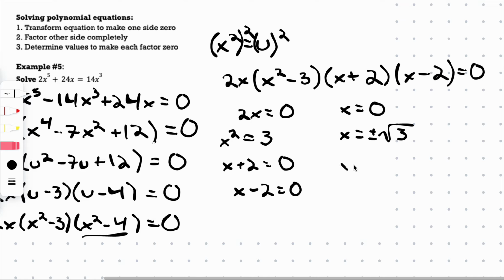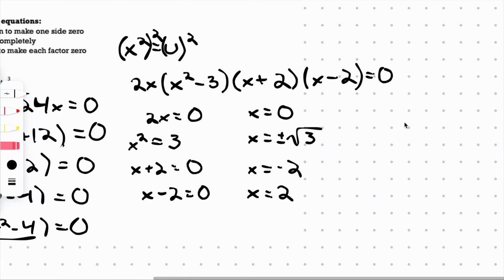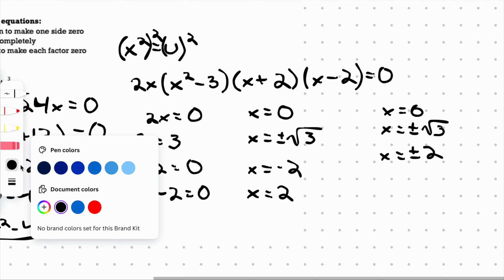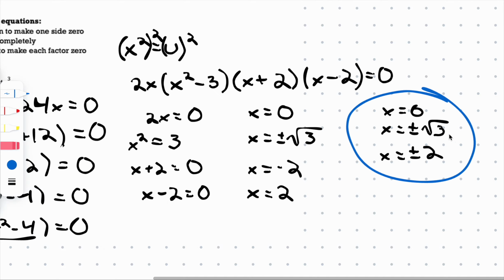Then we just move that 2 over, so we get x equals negative 2 and x equals positive 2 here. So these are each going to be, and you know what, I'll just write it out. x equals 0, x equals plus or minus root 3, and x equals plus or minus 2. Each of these are going to be the solutions to that polynomial equation.